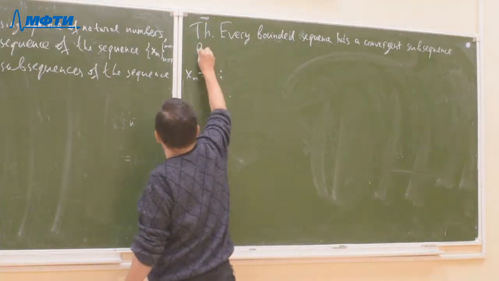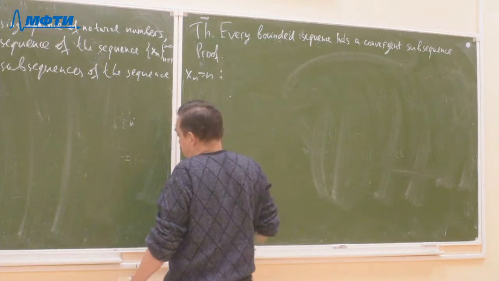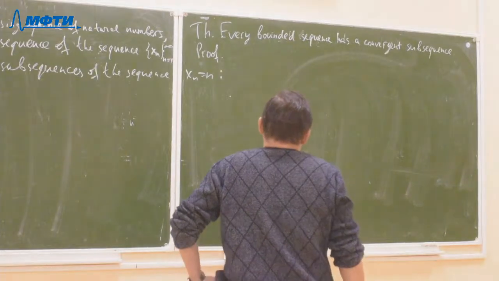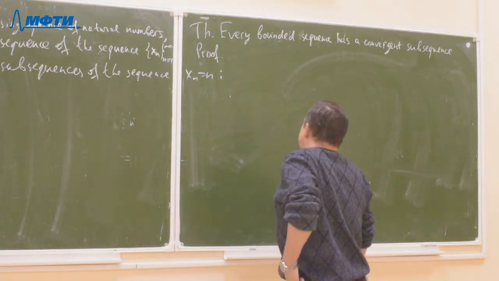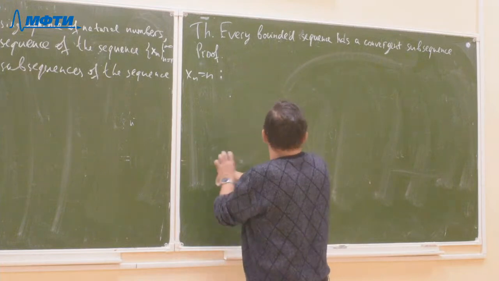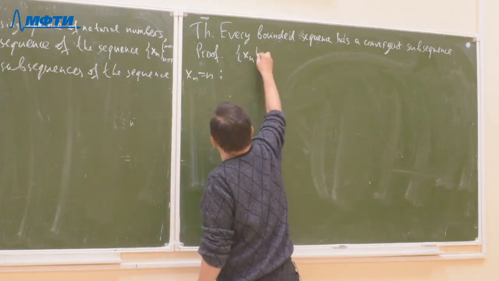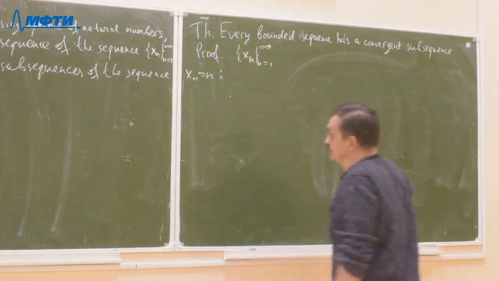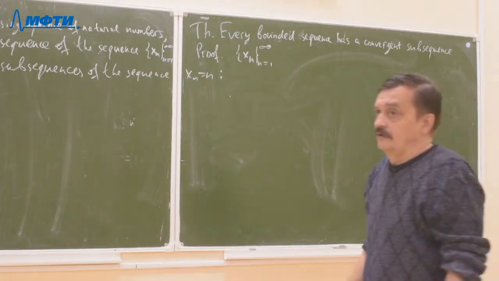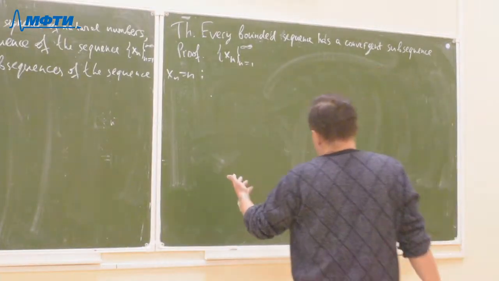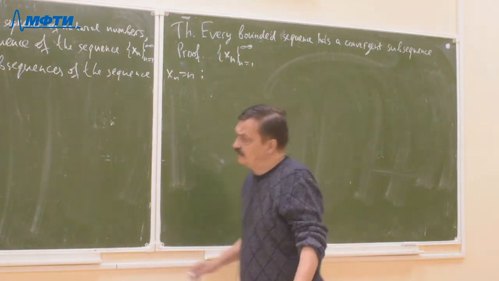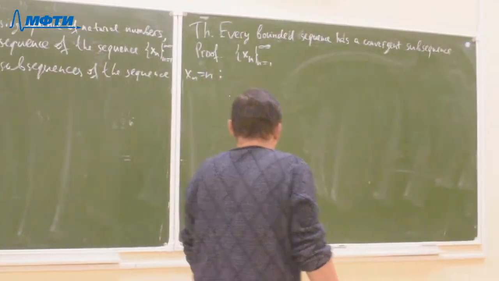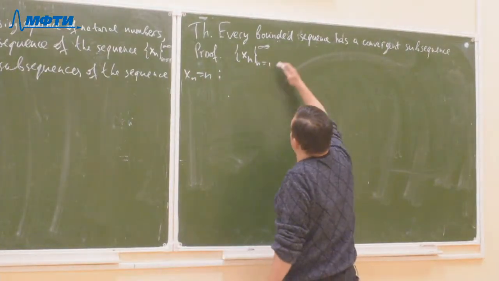Proof. So consider our sequence xn. So here is our sequence. We have infinitely many members. Some of them may be equal, maybe even all of them are equal, doesn't matter. But what we know is that it is bounded.